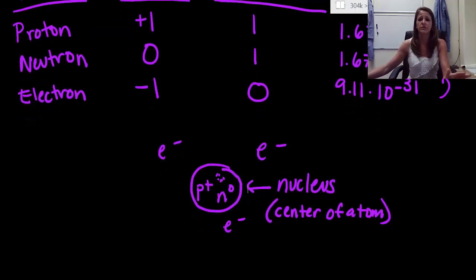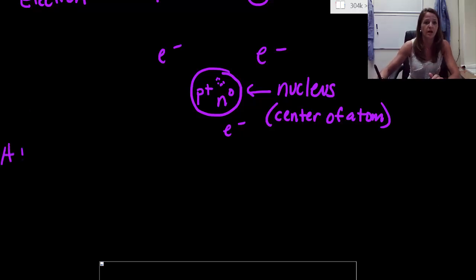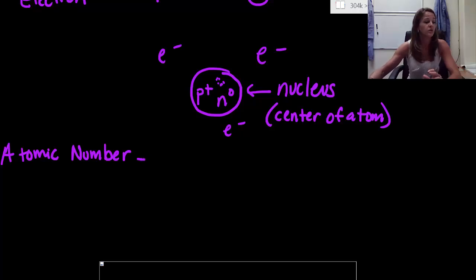After we've introduced the particle terminology, I want to introduce another term, which is called the atomic number. For an atomic number, we have a very specific definition, so I want to make sure we get this absolutely perfect. An atomic number is really just your number of protons. Protons, only protons. We're never talking about electrons or neutrons for this.